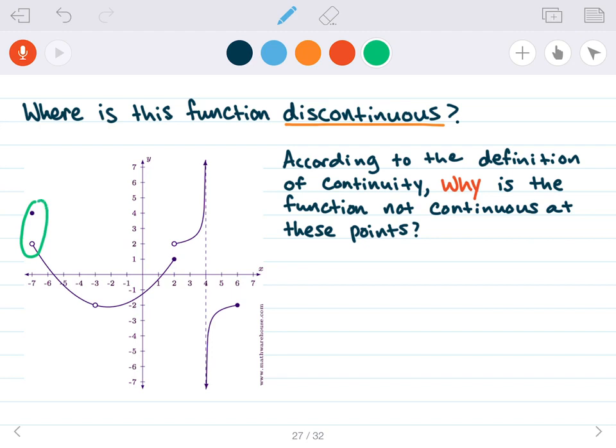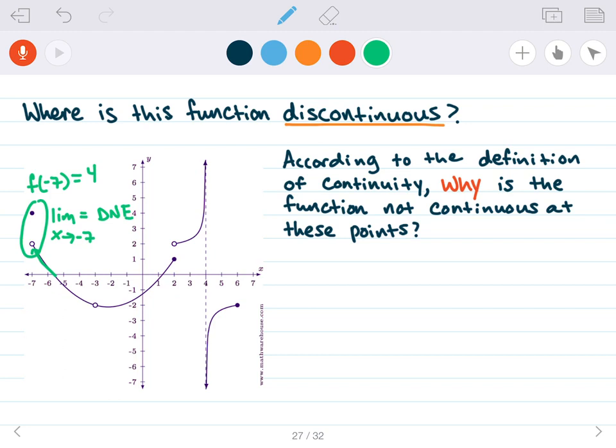Now, it turns out that we're looking at x equals -7, and f of -7 is equal to, looks like 4. However, the limit of this function as x goes to -7 does not exist. And that's because from the right side, it looks like it's going to y equals 2, but from the left side, it's not going anywhere.